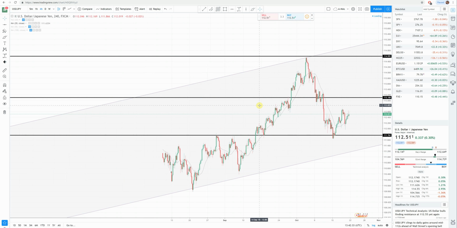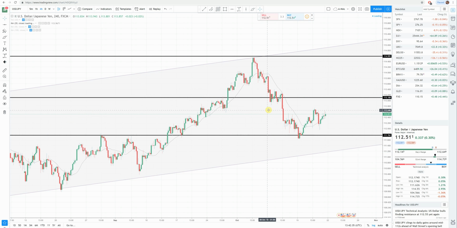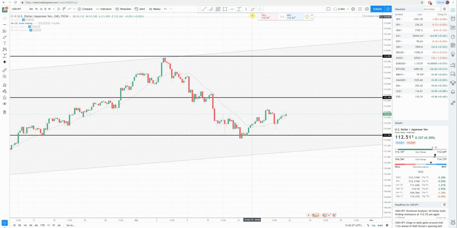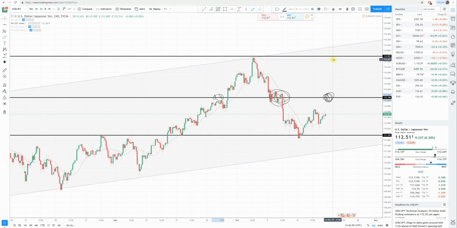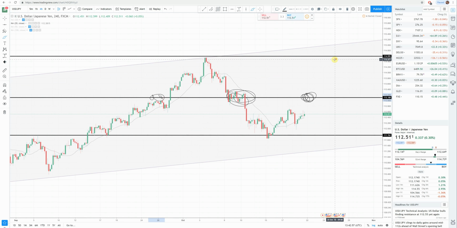If I were to take a trade next week on this pair, I would wait for it to react to this level of previous support and resistance, and see if it continues up to the bigger resistance at 114.5.